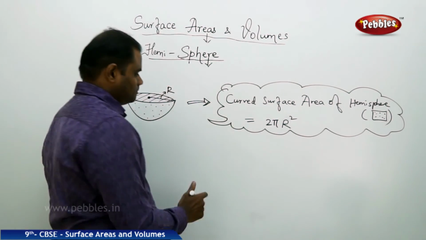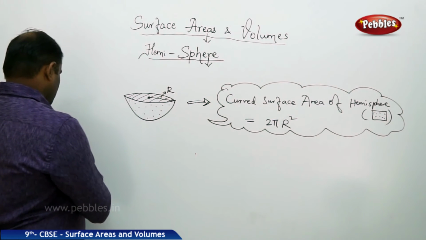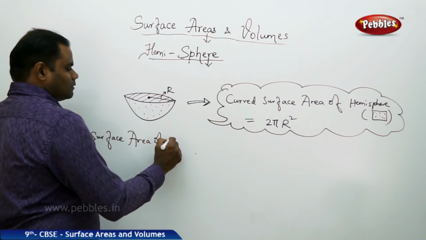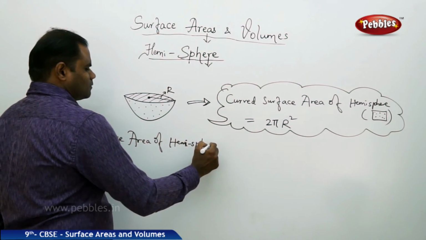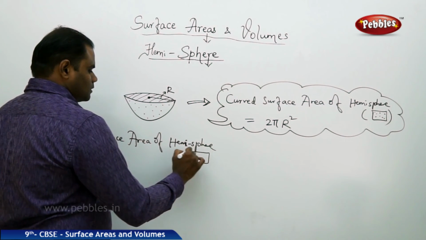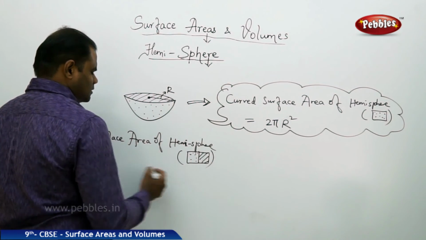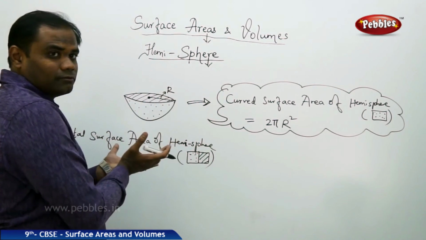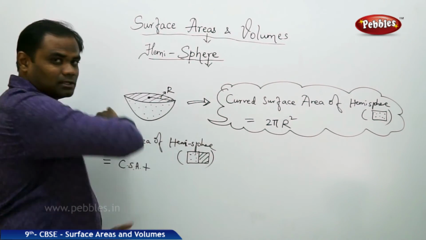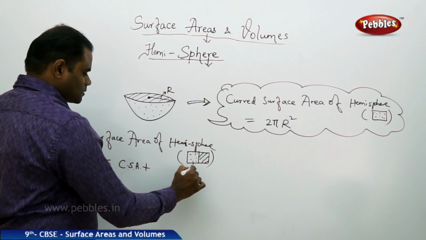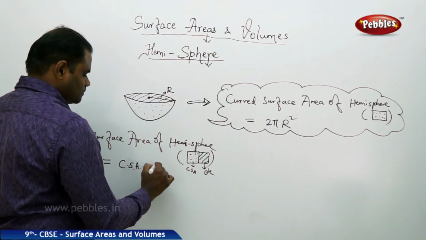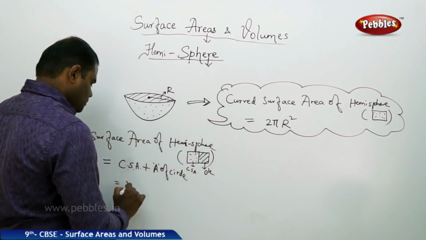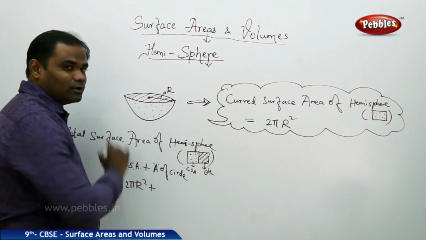Now let's see the total surface area. The total surface area of a hemisphere is given by the two regions: the curved surface area, which is the dotted region, plus the area of the circle. The curved surface area is already found to be 2 pi r squared, and the area of a circle, as we all know, is pi r squared.